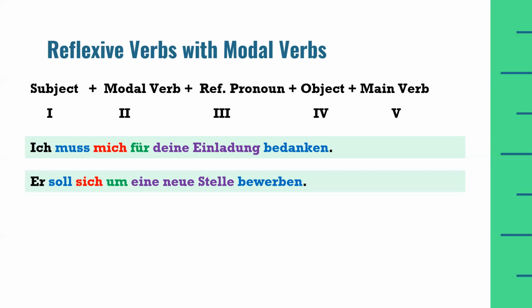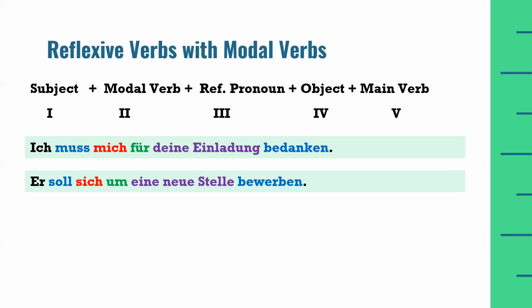Second example: Er soll sich um eine neue Stelle bewerben. He should apply for a new job. Again, er is the subject, then at second position the verb sollen comes and we have to conjugate it according to the subject er, so it becomes soll. At third position, a reflexive pronoun will be used, and the reflexive pronoun for the subject er is sich.